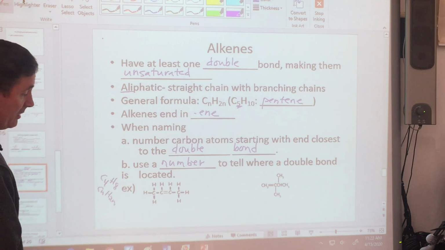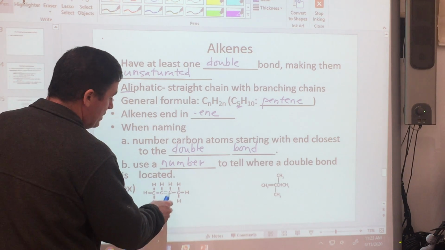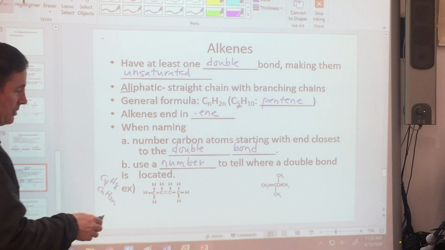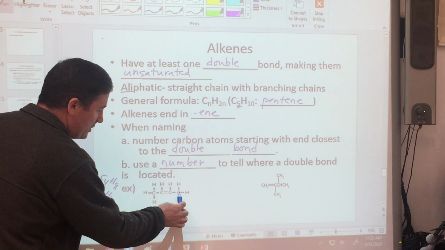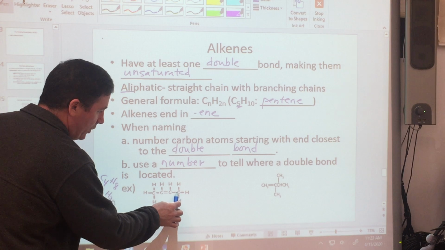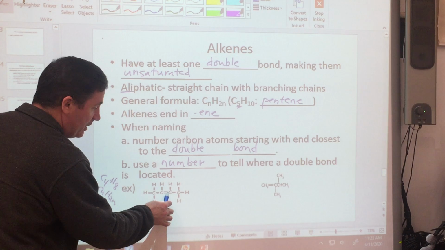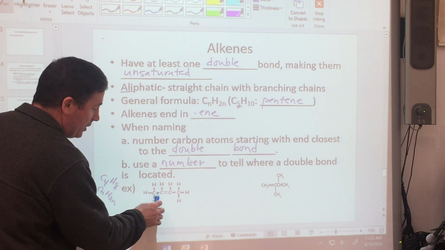Now as far as naming this goes, I always name the molecule by naming the number of the carbon in which the double or the triple bond occurs. So, in this case it doesn't matter. I could start here, 1, 2, that's the lowest number that the double bond is, or 1, 2.